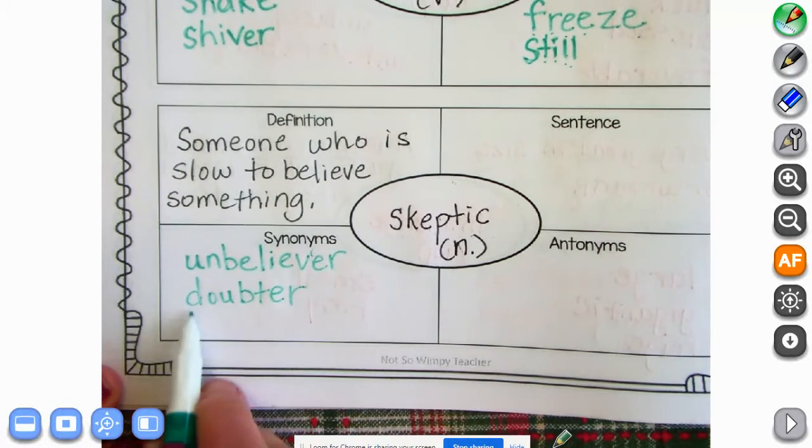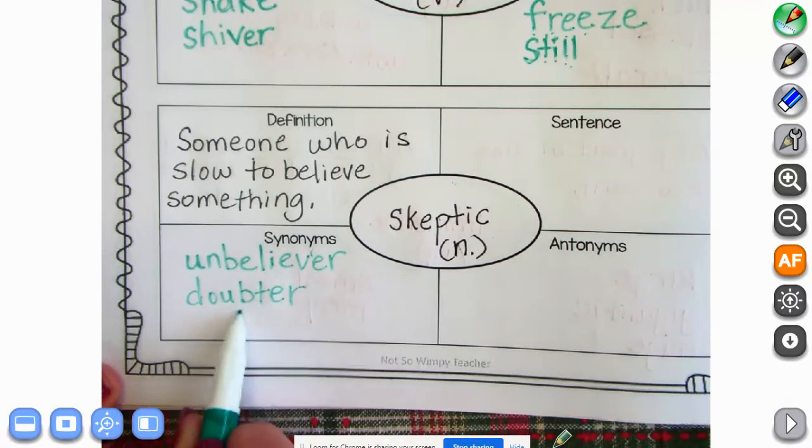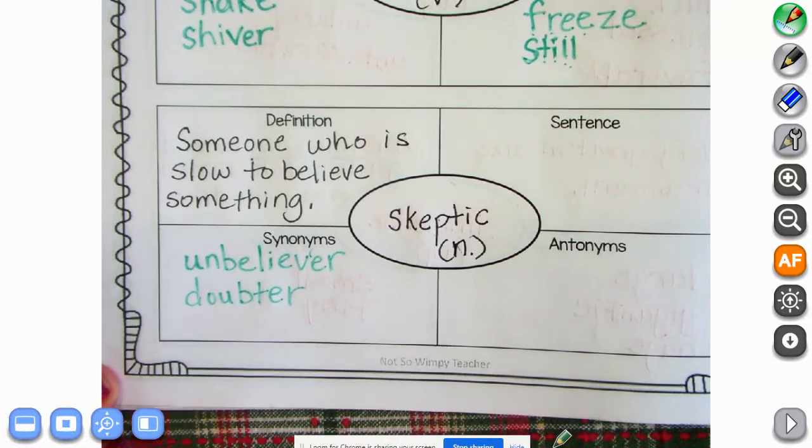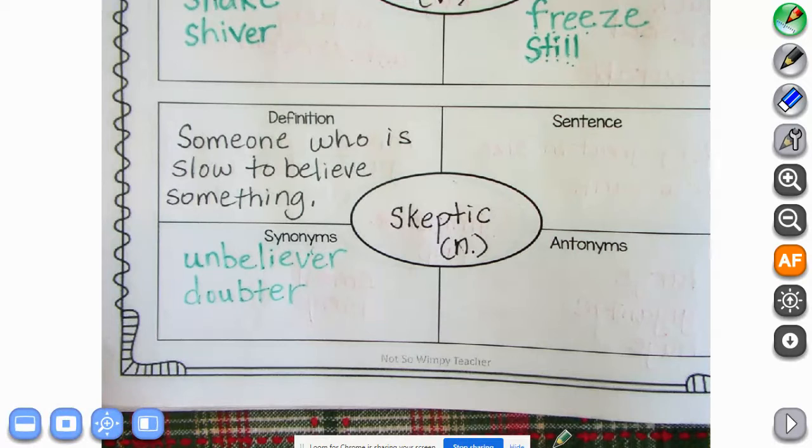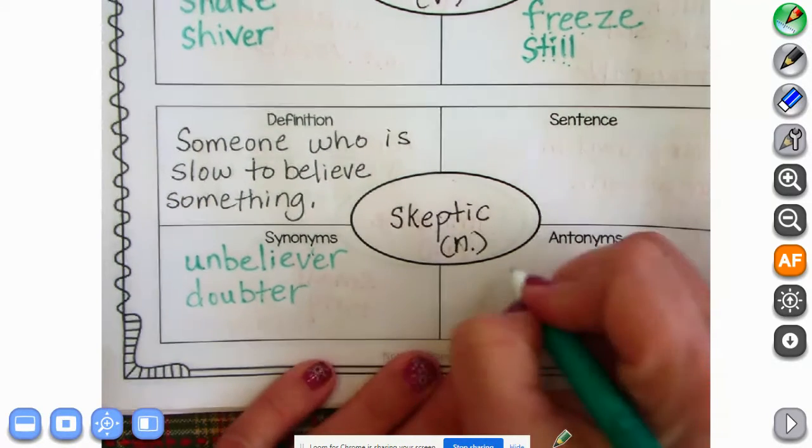D-O-U-B-T-E-R. Doubter. You doubt someone, you're a doubter. You don't believe someone, you're an unbeliever. So what would be the opposite of being a skeptic or an unbeliever or a doubter would be a believer.